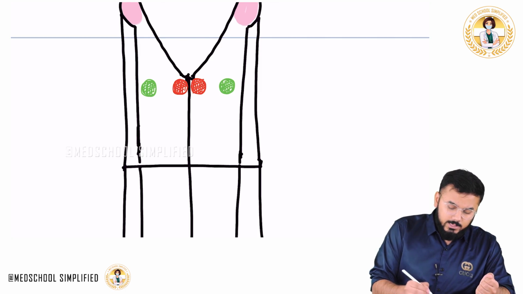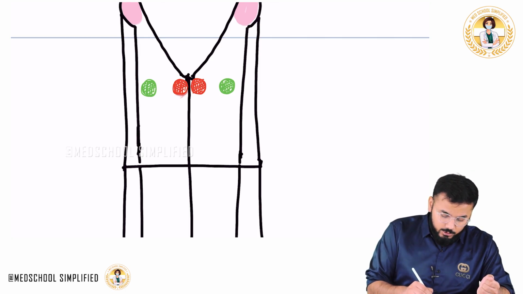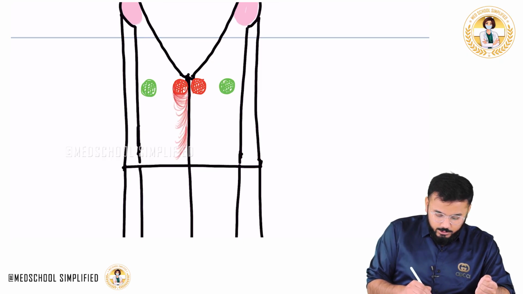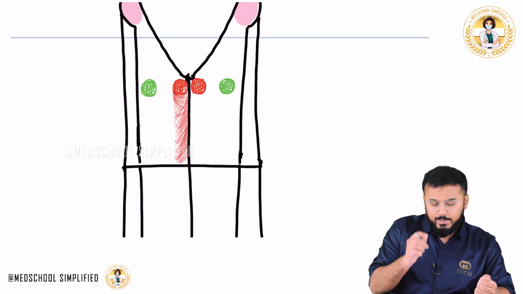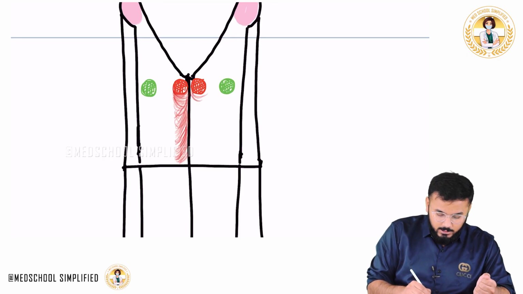Now just beneath these tubercles over here, if you carefully observe, on both sides we have got an elongated swollen ridge like this, right?